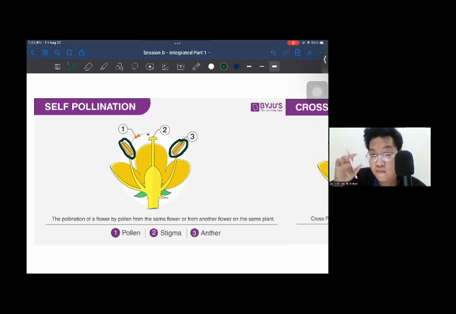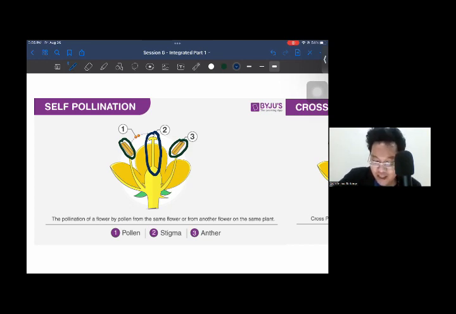So, this illustration ay iisang flower lang. Ito naman, this is the stigma. Ngayon, yung pollen grains natin, which is yung kulay orange dyan, kapag from one anther, pumunta siya, paano siya pupunta doon?